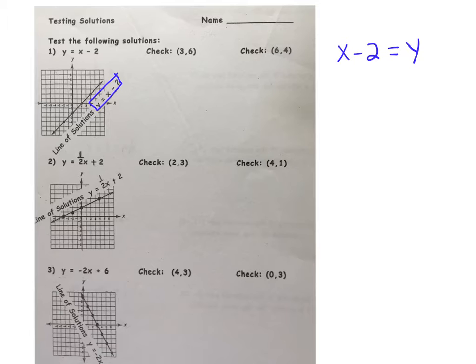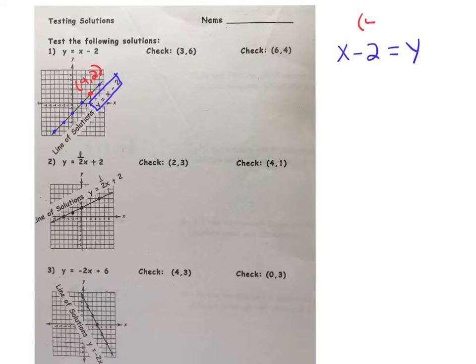And if you look at the line of solutions, every point on this line will satisfy that equation and hold that relationship. Let's grab one of the points on the line and prove that. For example, let's take a look at the point right here, (4, 2).